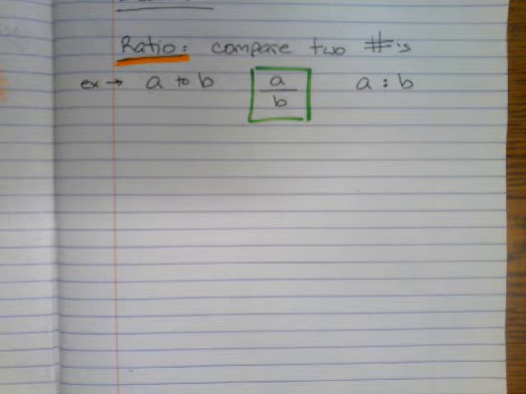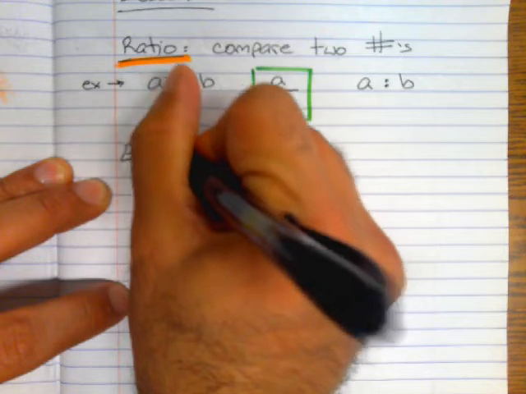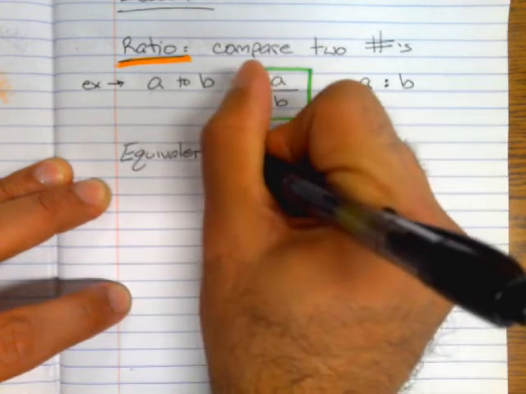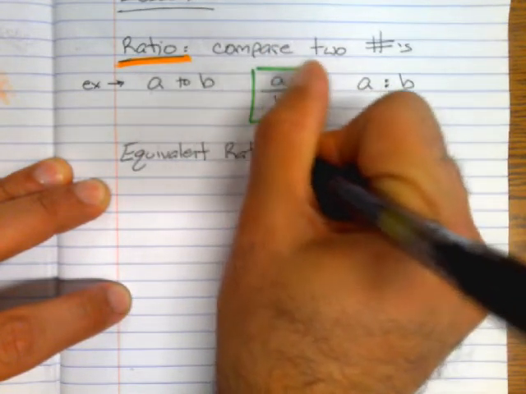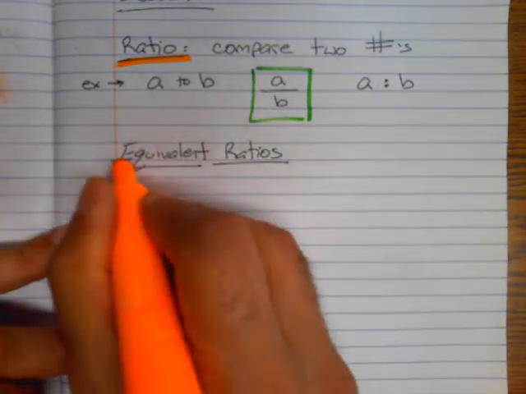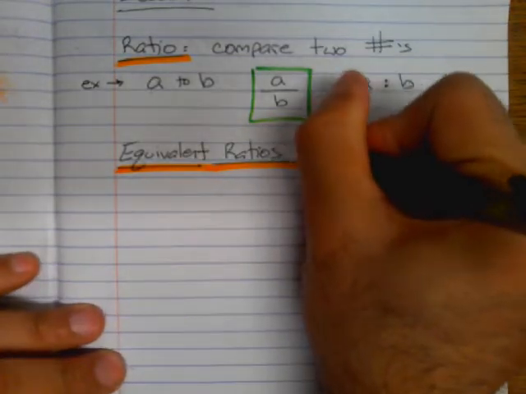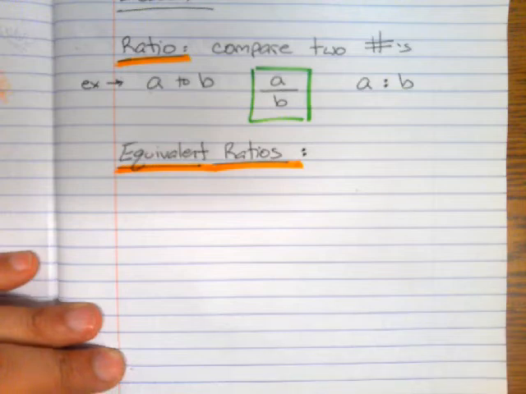Now we have something that we are going to use a lot, especially in this module, when we talk about things that are consistently occurring or things that have a constant pattern. We call those equivalent ratios. Now, equivalent has a special word in it, the root word of equi or equal.